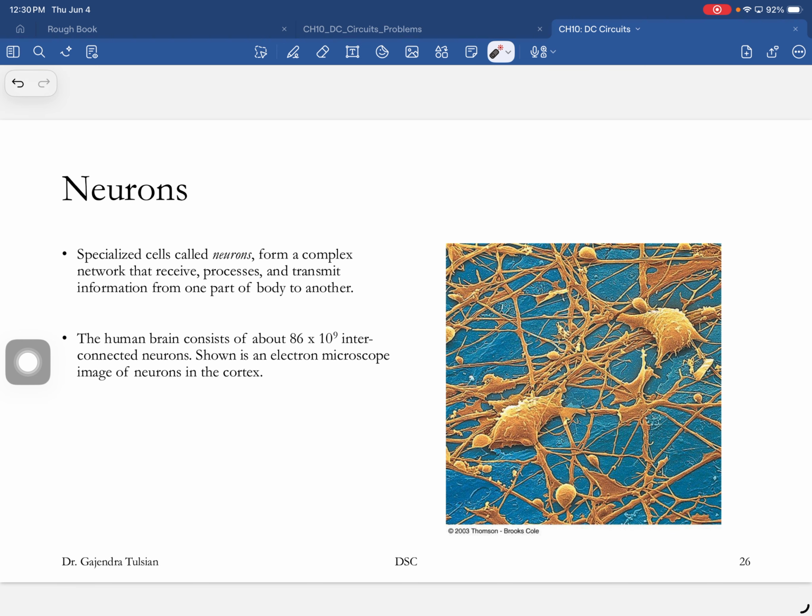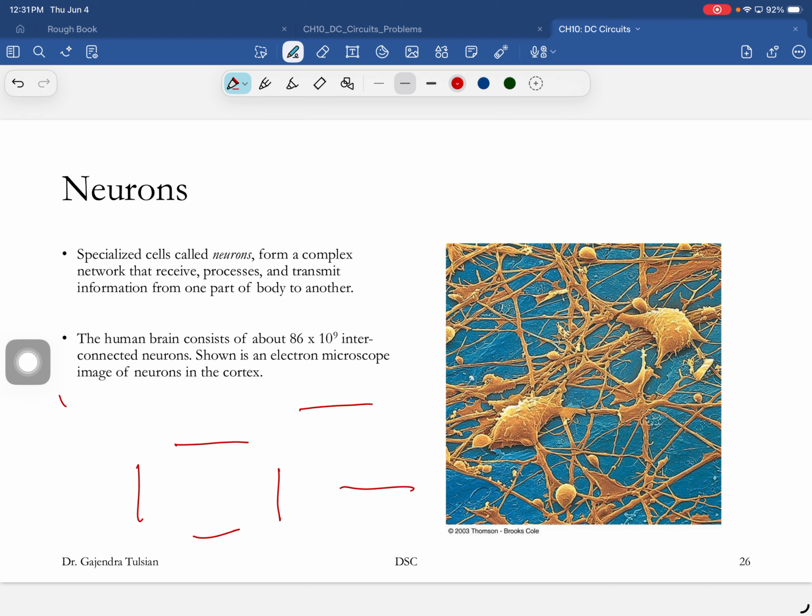Right, so each of us is born with about 90 billion neurons. So the hardware is the same. So we are all very, very capable. When you learn something, what is it that you're doing?